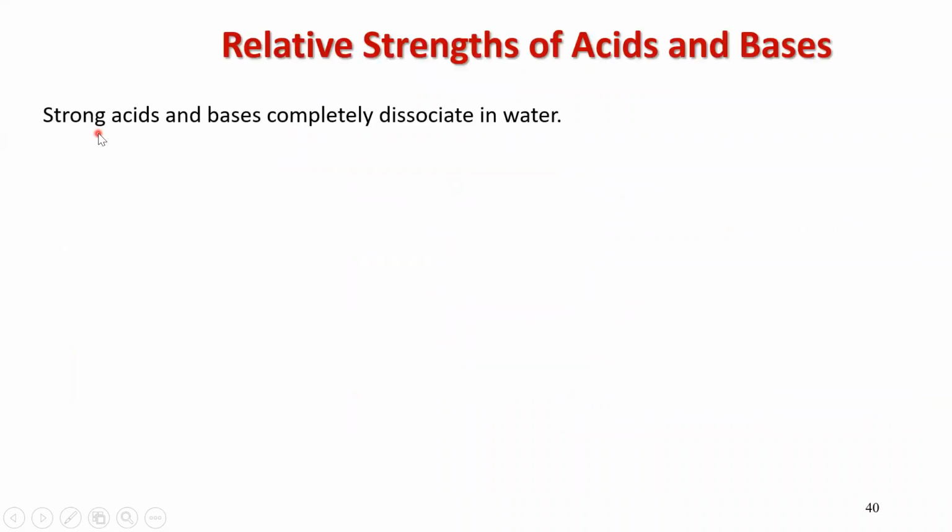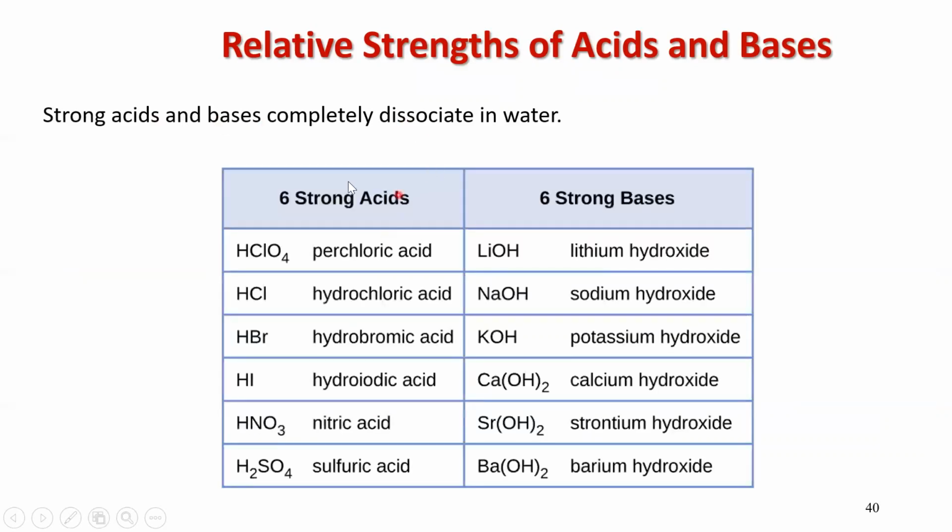Strong acids and strong bases completely dissociate in water. Here's our list. There are 6 strong acids and 6 strong bases that we need to be aware of. For strong acids, I'm actually going to do it in a little bit of a different order. I'm going to look at the binary acids first. So hydrochloric acid, hydrobromic acid, and hydroiodic acid are strong acids.